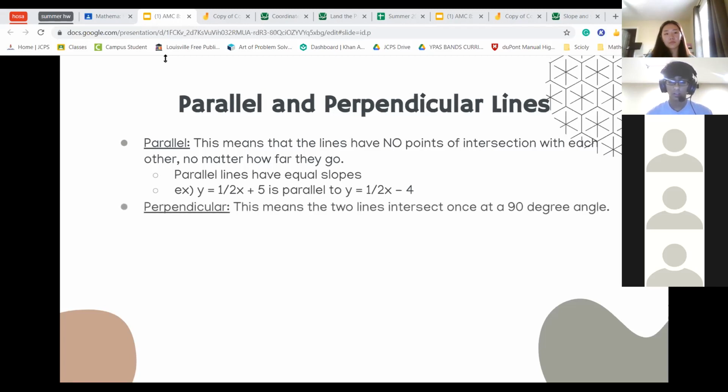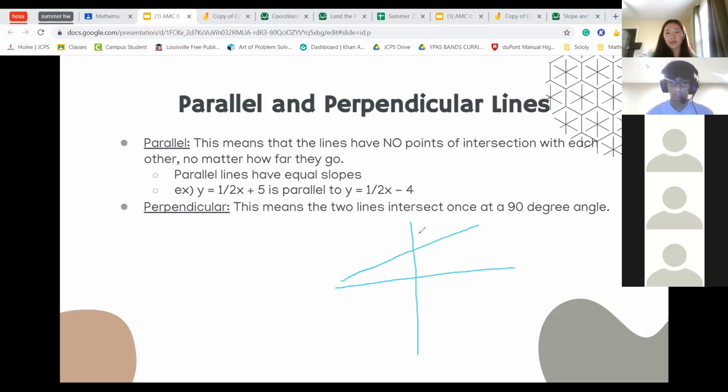Because the lines are at the same steepness, they can be as far apart as you want, but as long as they're at the same steepness, they're not going to touch at all. I'll quickly sketch what that means so it's easier to understand. Our first one was 1/2 x plus 5, so it's like that.